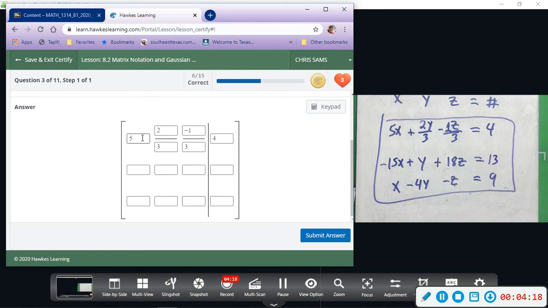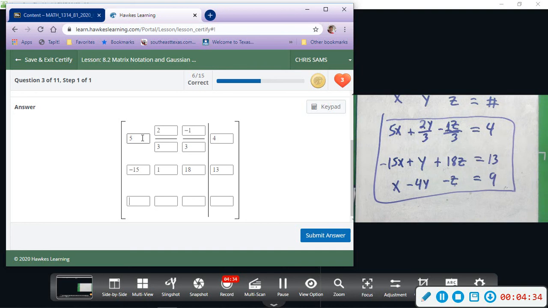And then we have negative 15, and then no number here, so understood to be a 1. The only time you put a 0 is if you don't have a y at all. So understood to be a 1, and then we have 18, and then 13.